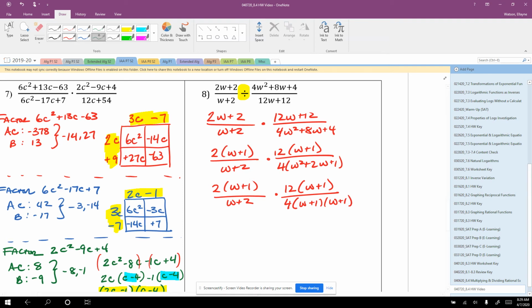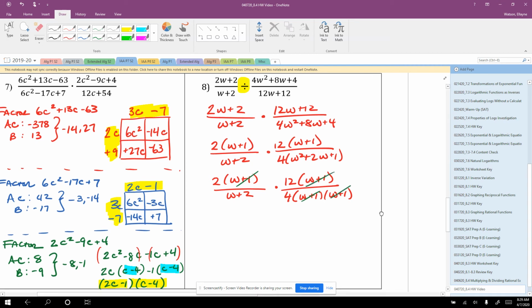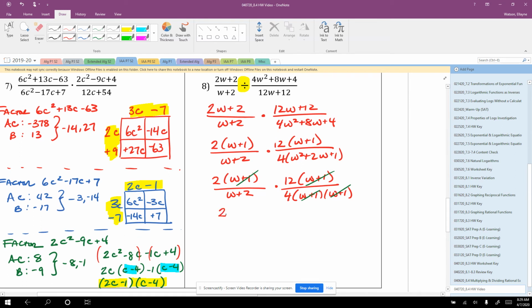Okay, and now let's cancel. W plus 1, W plus 1, W plus 1, W plus 1. Okay, and that leaves us with 2 times 12 on top, which is 24. And on bottom, 4 times W plus 2. You can simplify 24 and 4 because that just becomes 6. So you have 6 on top divided by W plus 2.